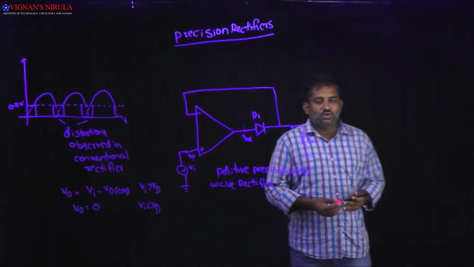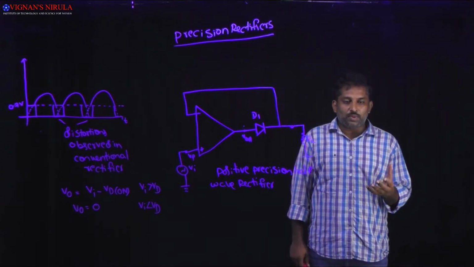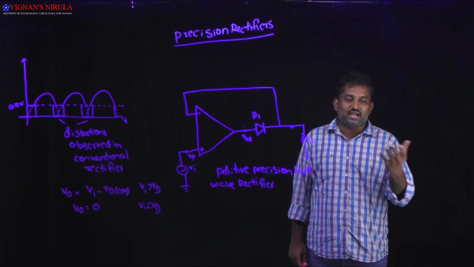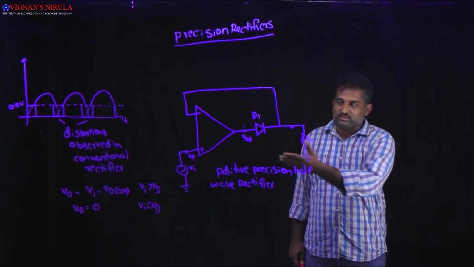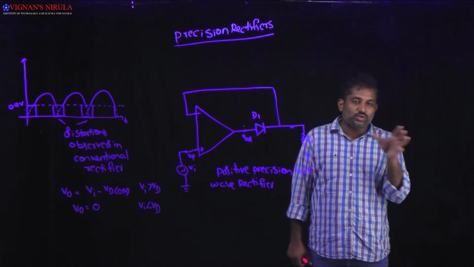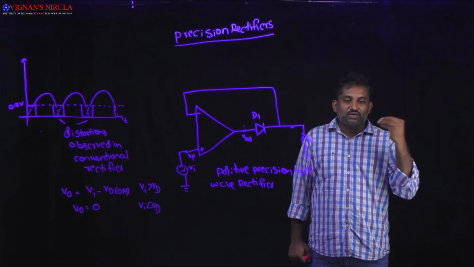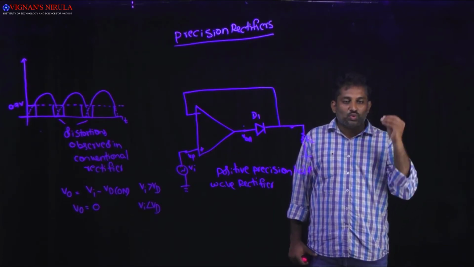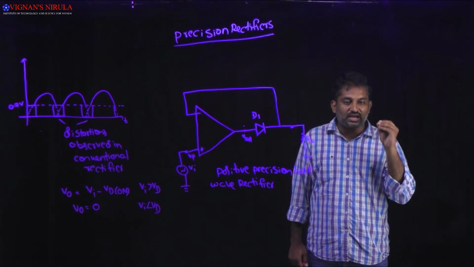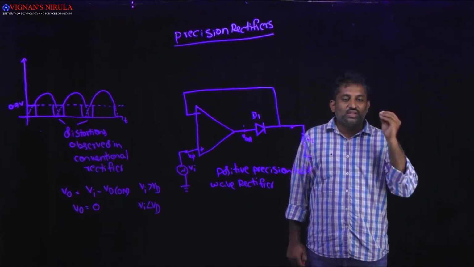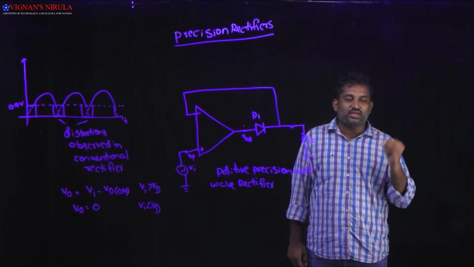That means whenever you construct a rectifier with conventional elements like resistors, capacitors and diodes, the output rectifies only input voltages greater than Vd. If the input voltages are less than Vd, then it can't rectify any output.